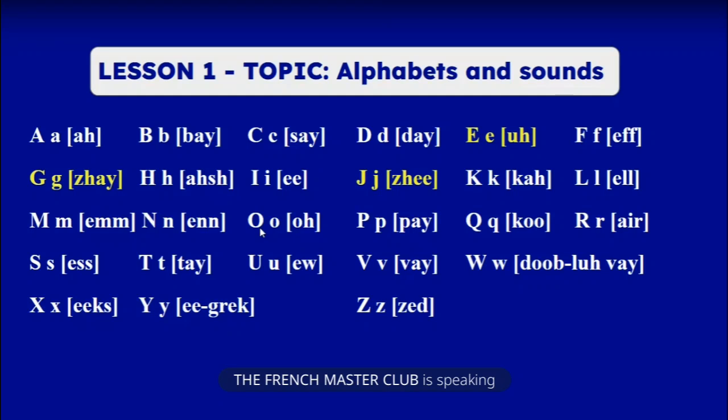They are A, B, C, D, E, F, G, H, I, J, K, L, M, N, O, P, Q, R, S, T, U, V, W. And in English, W is like double of U, but in French it's like double of V. We have X, Y, and we have Z.